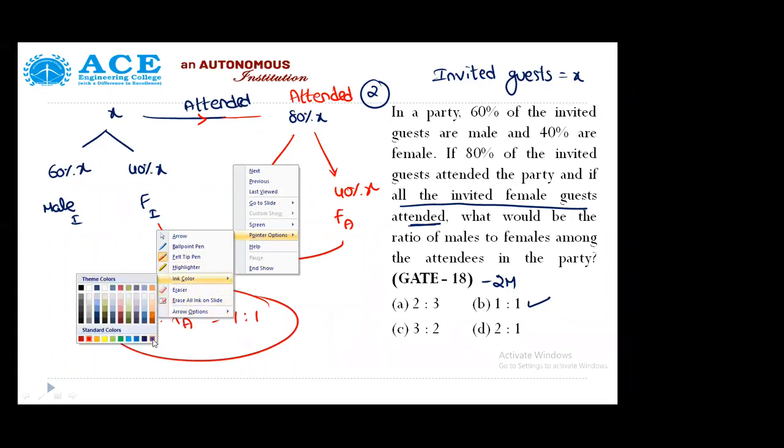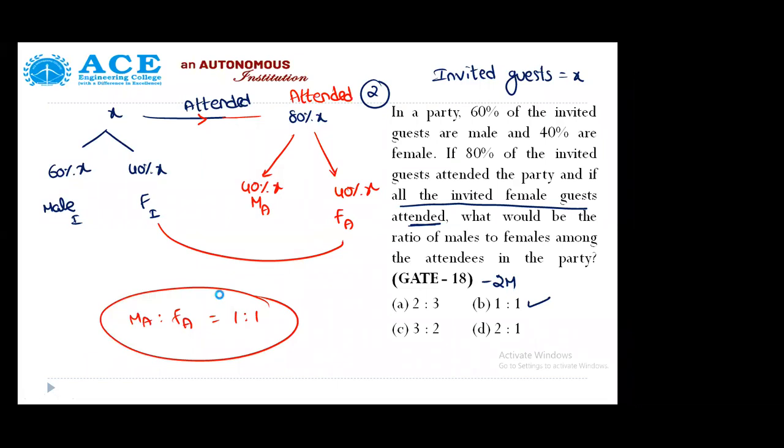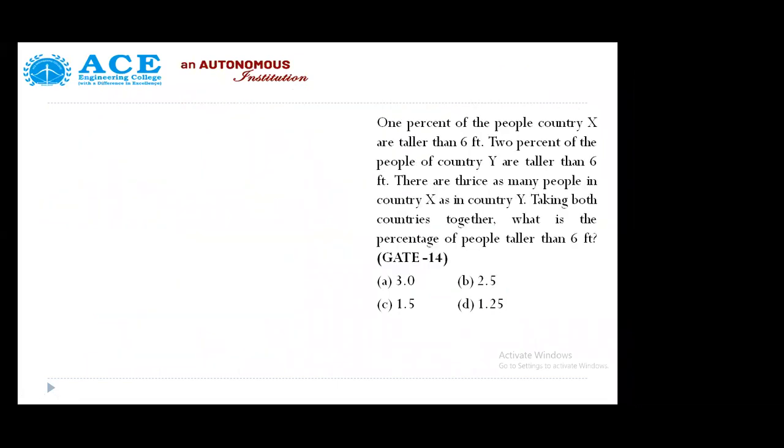Fine, let's see the next question. See this question, please. Instead of X, you can assume some value also. In percentage, that flexibility is there. When you don't know any value, you can assume, and we can proceed. Yes, Akhil, you can go with that also.